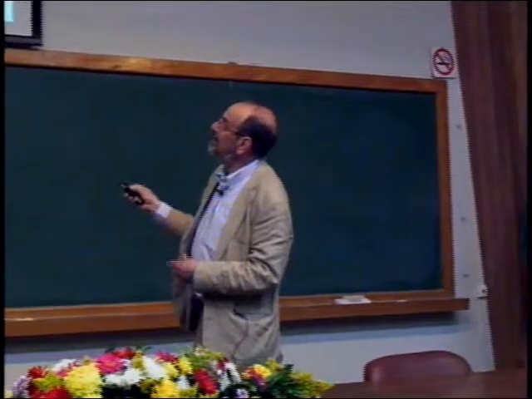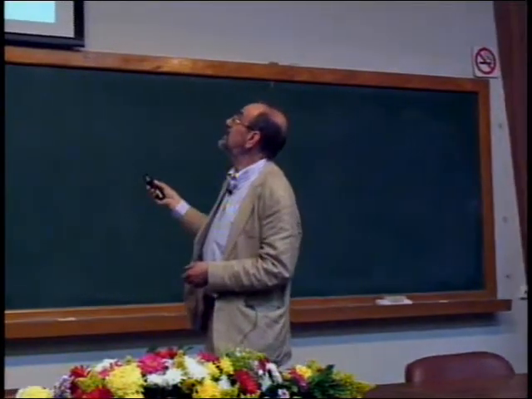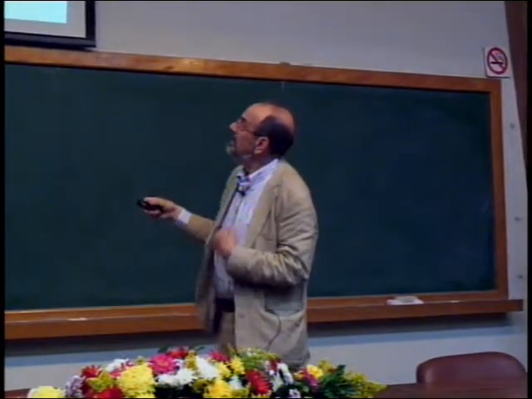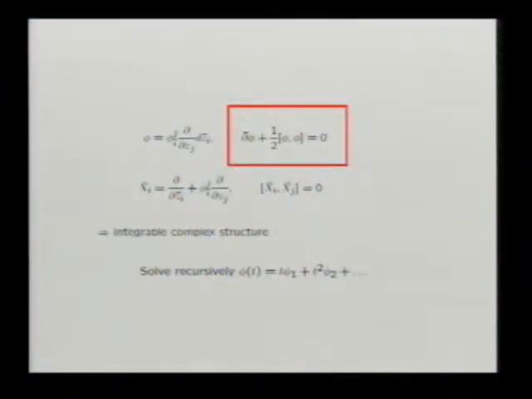Put another way, you can find coordinates such that these xi bars are linear combinations with C-infinity coefficients of d by dwi bar. So that's the integrability condition. Now, you need some linear independence, which means that you always think of phi as being small in order to get the right linear independence.